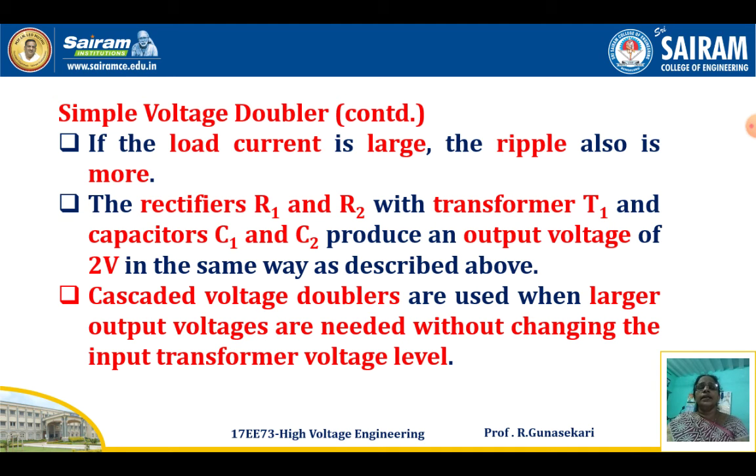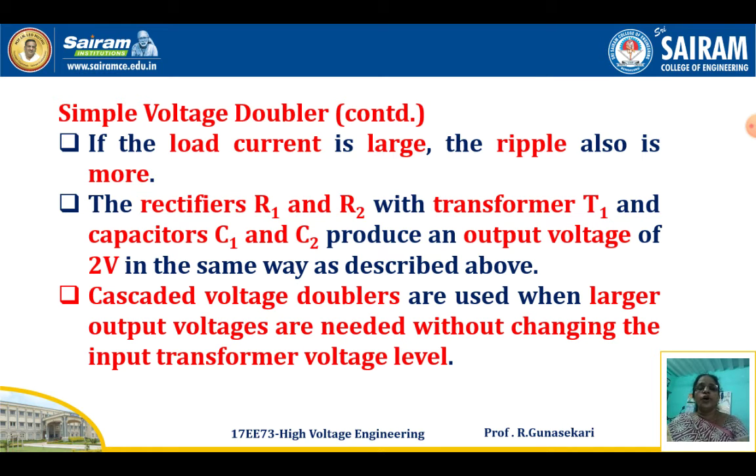If the load current is large, the ripple also is more. That means the ripple in the AC input. The rectifiers R1 and R2 with the high voltage transformer T1 and capacitors C1 and C2 produce an output voltage of 2V across the load resistor RL, which is shown in the figure.